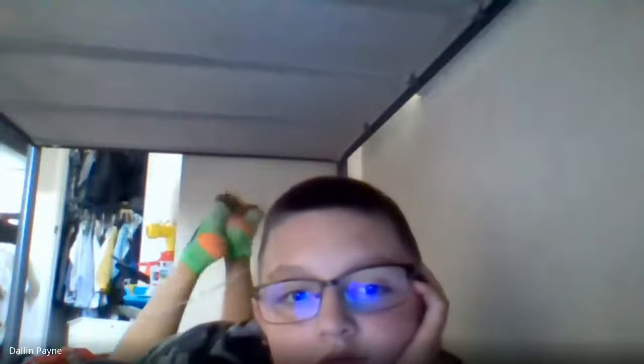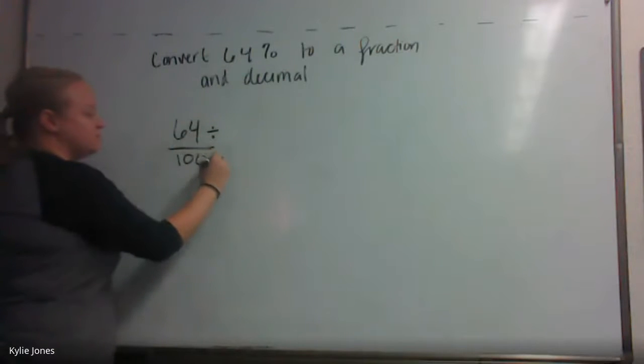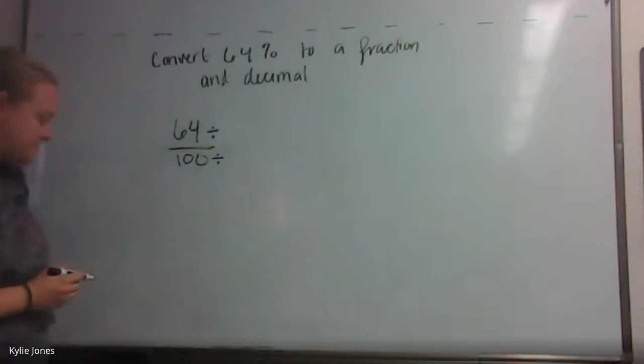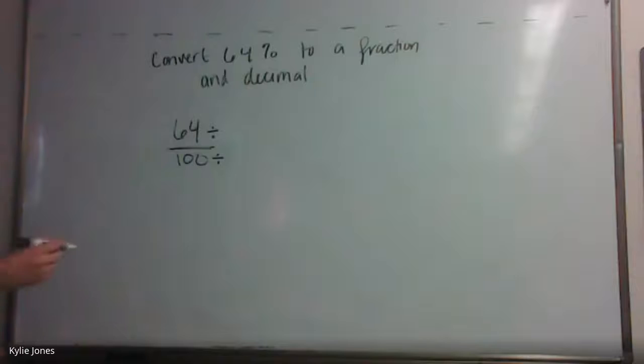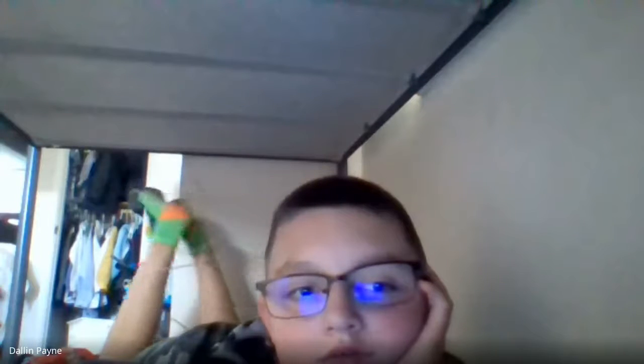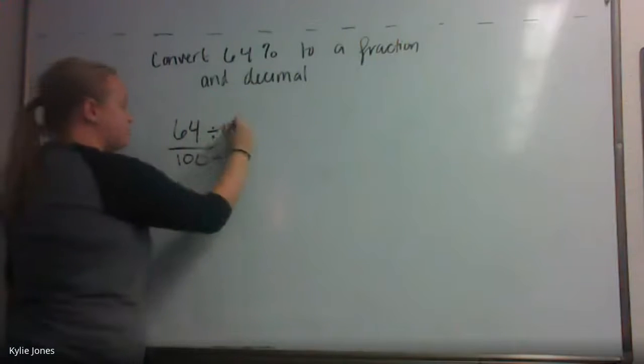Find a number that goes into it. Good. Simplify. So what number is going to go into both 64 and 100? 8 doesn't go into 100. Start small. 4 goes into both. Let's do 4.